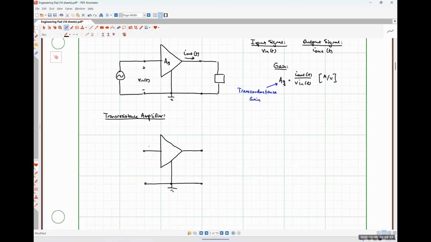So here is my input current signal. Here is my output voltage signal. And I'm going to call this gain my trans resistance gain A sub R. Okay. And once again, I'm going to connect my signal source and my load, like so.